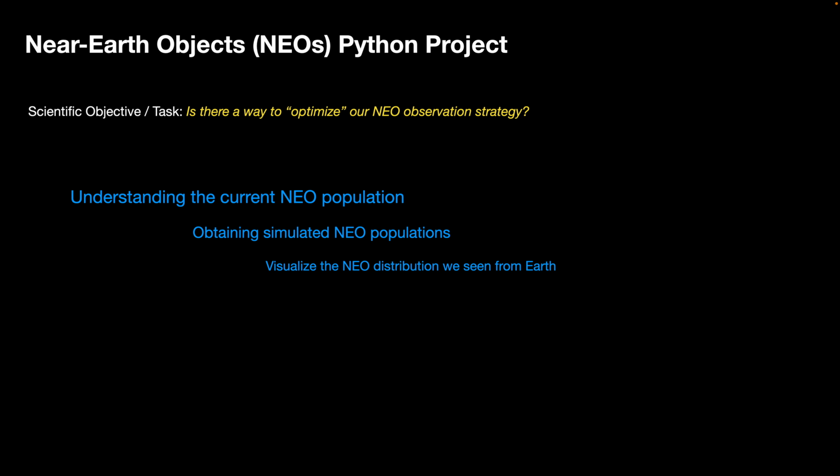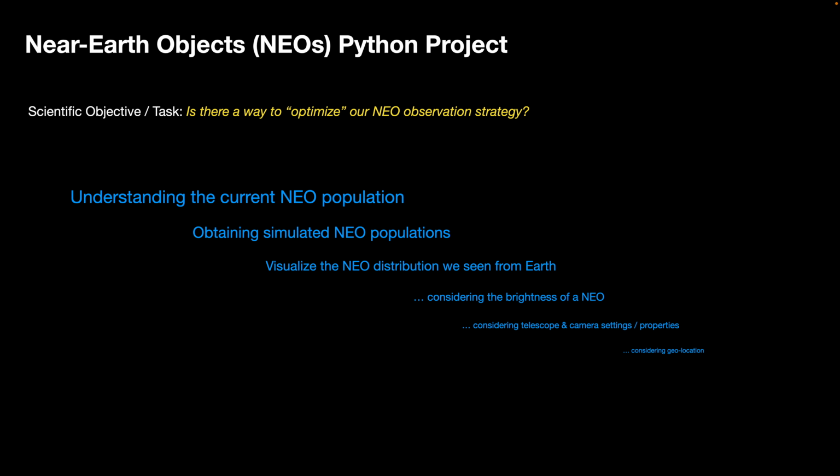We will visualize the NEO distribution as seen from the Earth, considering the brightness of a NEO. So the brightness corresponds to the size, the surface reflectance, the distance, and also the angle between Sun and Earth. And also considering telescope and camera settings, the properties of the camera, exposure time, and so on. We will also consider the geolocation.